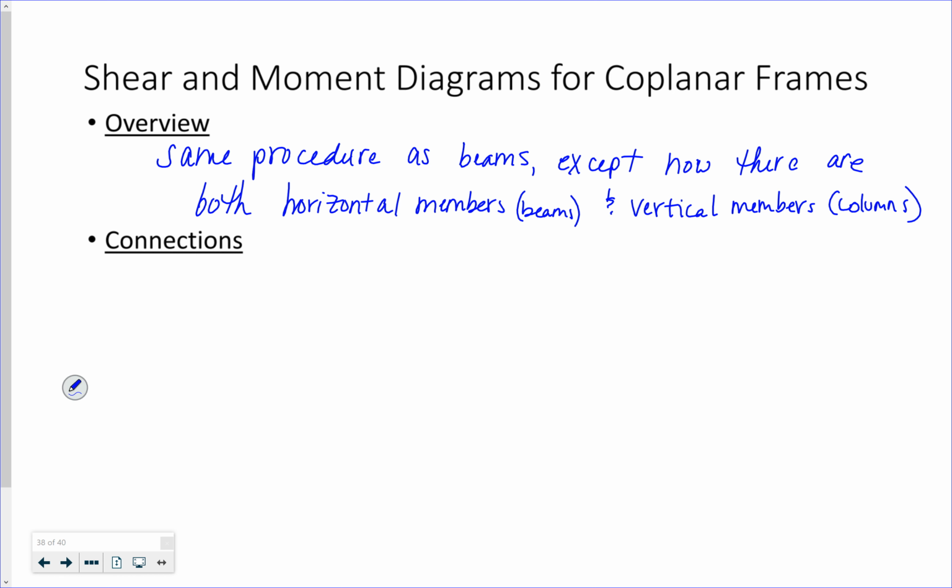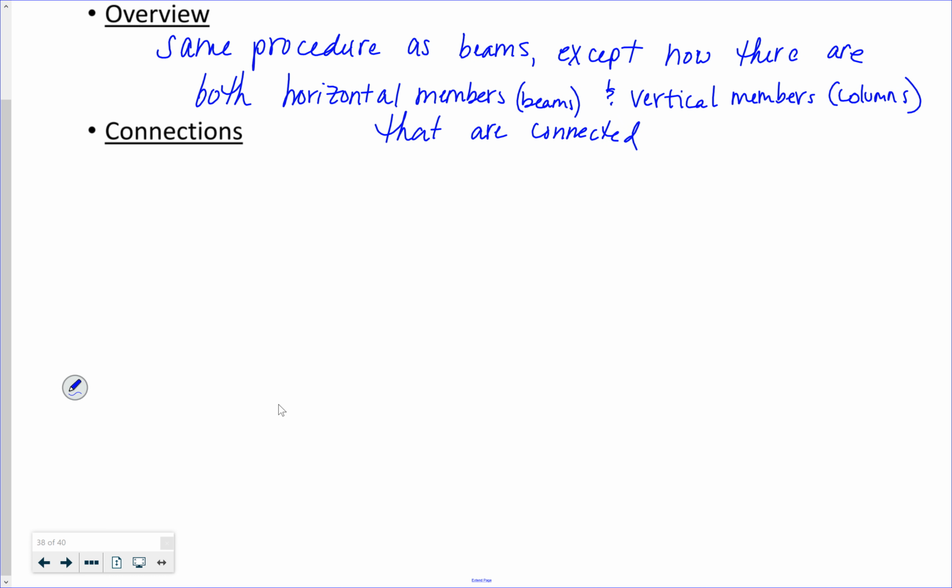So now we have horizontal and vertical members, and they're connected. How are they connected? We have two different types.